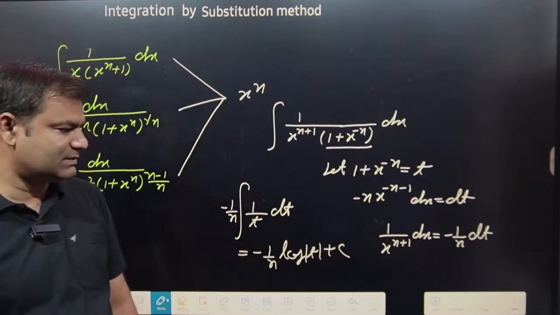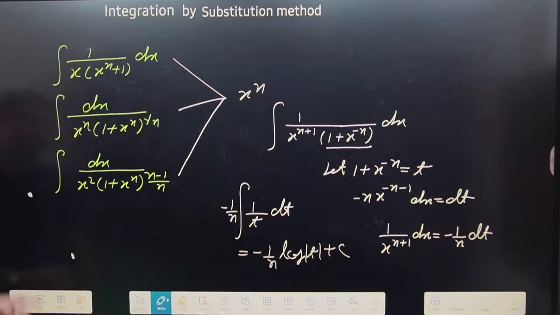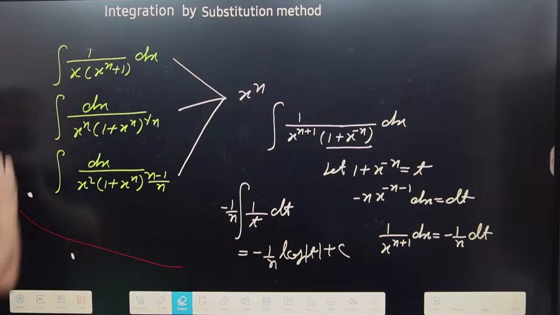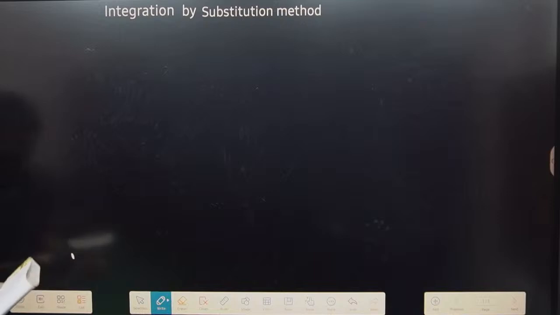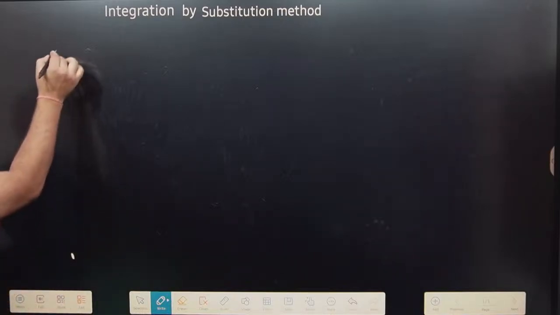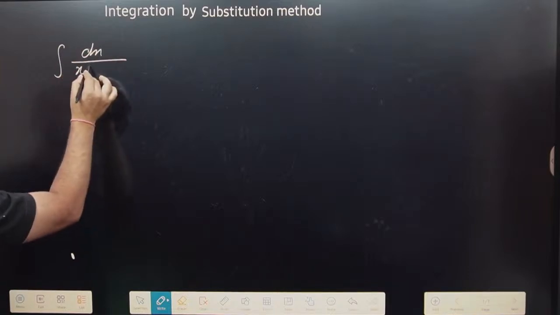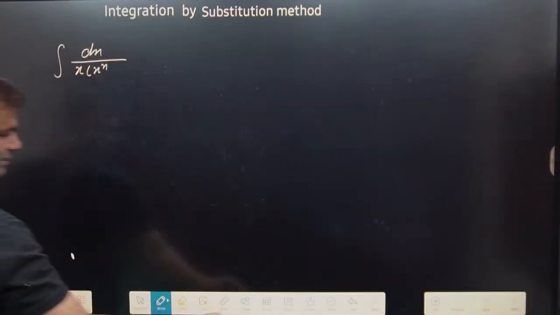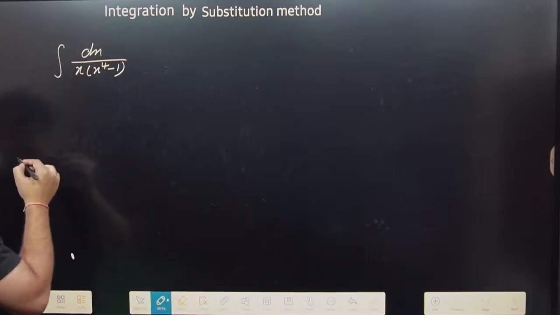Now I will take some problems on the basis of that topic. Question number 3: integration of dx divided by x into (x to power 4 minus 1).